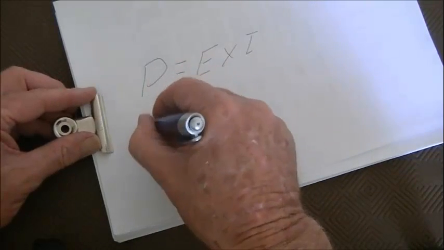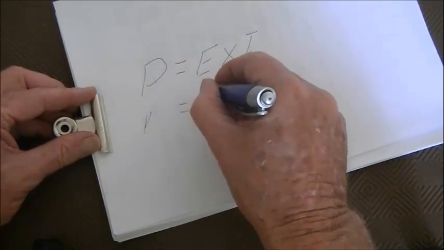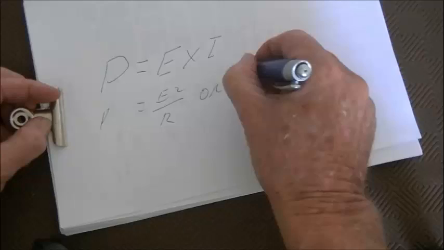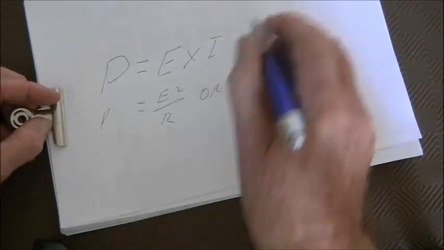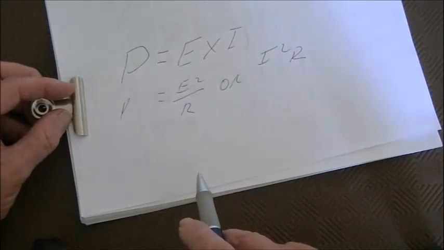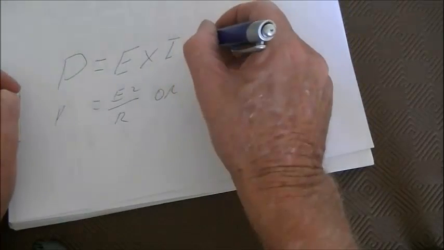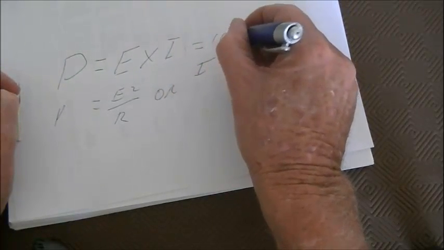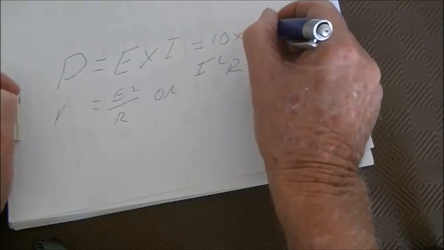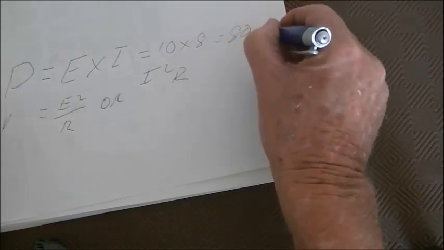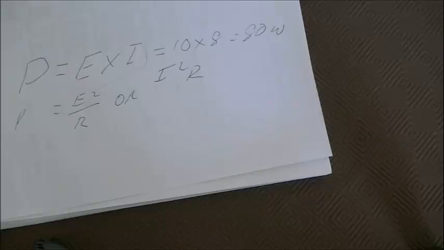You can also calculate it by using P equals E squared over R or I squared R. But because we have the voltage and the current, we can just do a simple multiplication, which is equal to 10 volts multiplied by 8 amps equals 80 watts. So that's 80 watts dissipated in that small extension lead at a reasonable current of 8 amps.